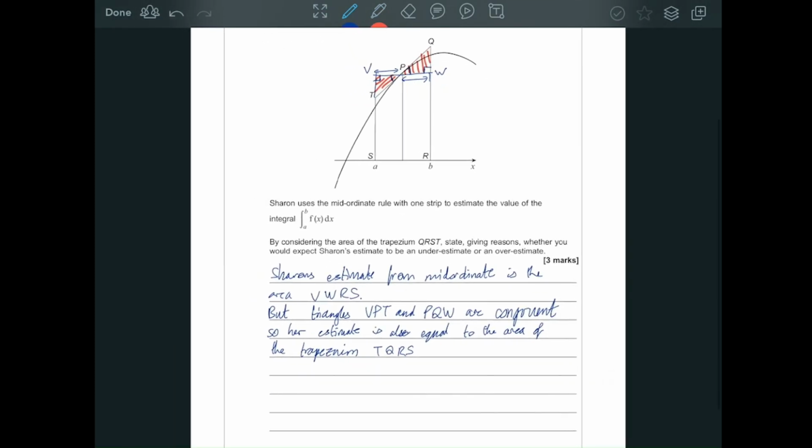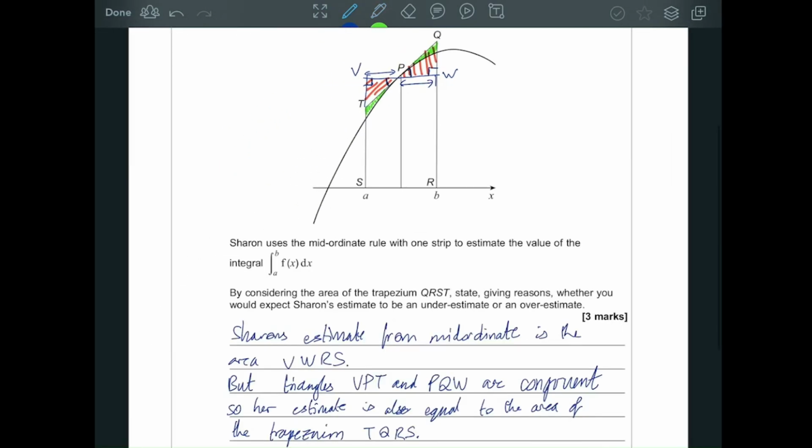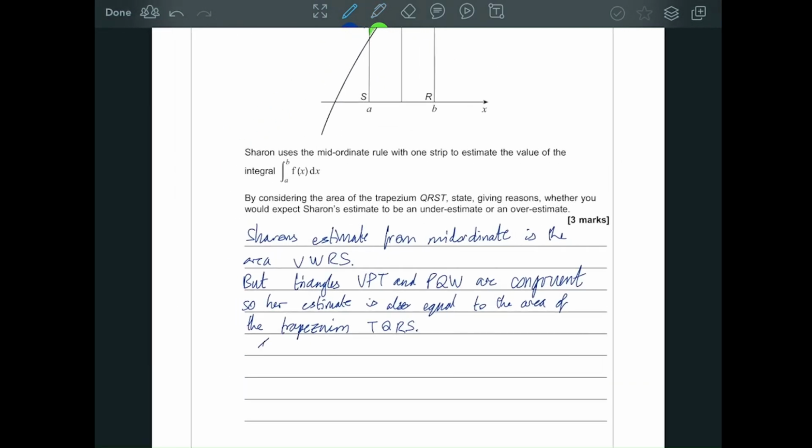So I've managed to translate her mid-ordinate approach into a trapezium. But now we can hopefully quite clearly see that that trapezium is above the line here and above the line here. So is clearly an overestimate.